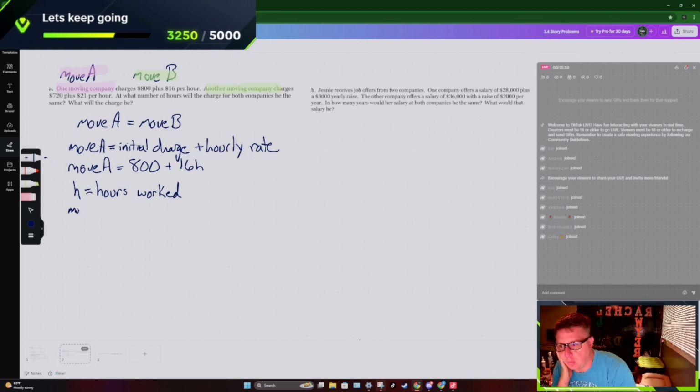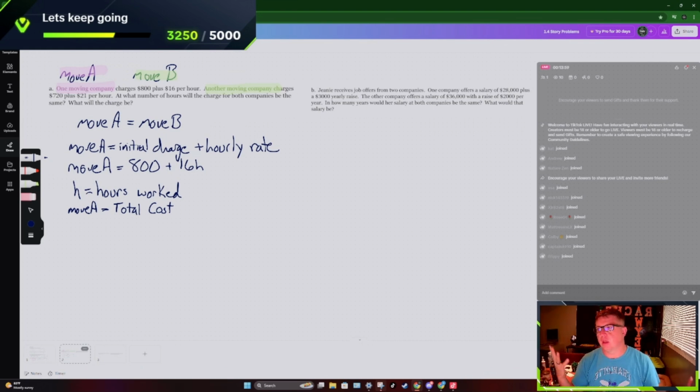And we will label mover A as total cost. Okay. So we will have a total cost associated with this because there's going to be an initial charge and then some hours that we got to work out. What we want to do is see when both of these companies equal each other. Okay. So let's try move B. Move B is going to be the total cost as well.